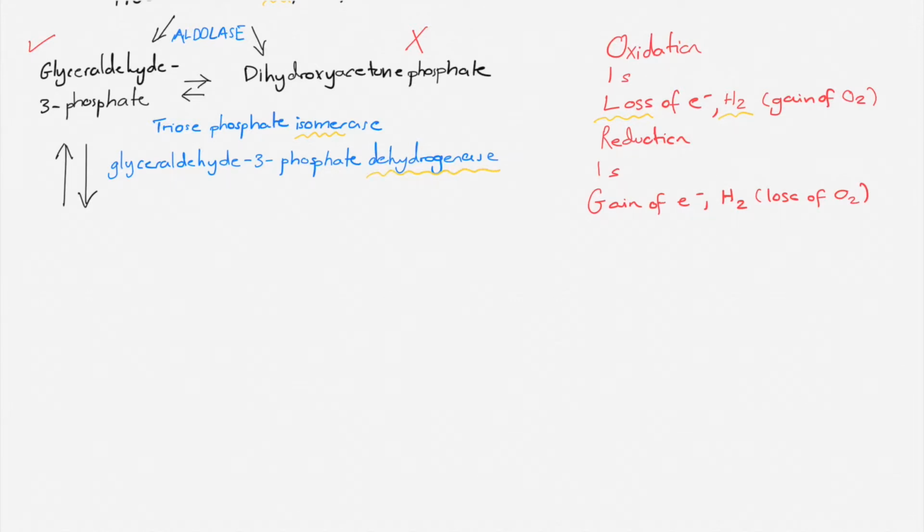We're losing that hydrogen to form a molecule known as 1,3-bisphosphoglycerate. So that's what's happening in this case. And what's happening here is we're directly adding a phosphate molecule. So we're directly adding a phosphate molecule in the system.